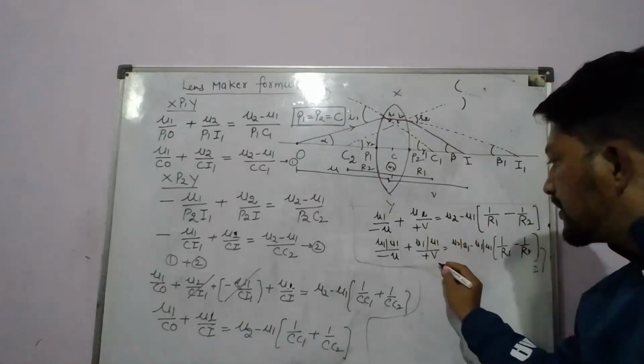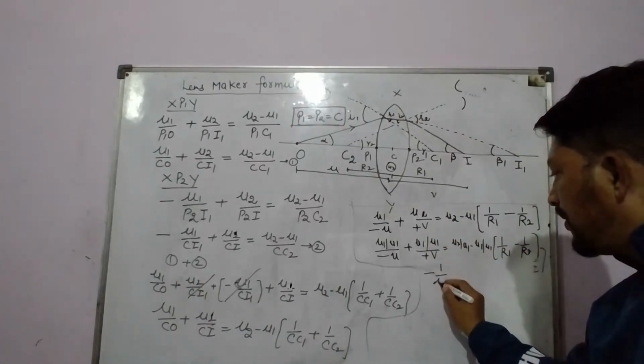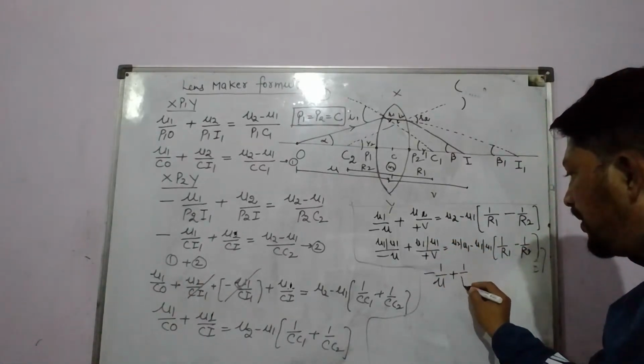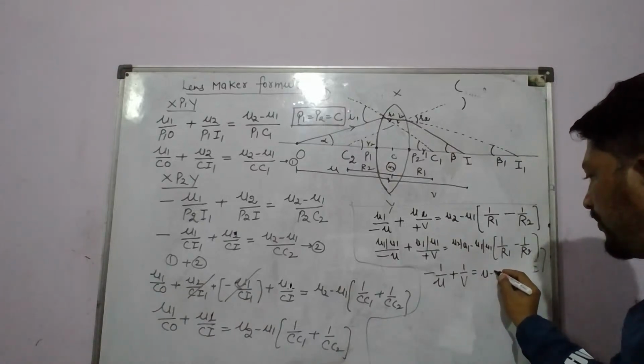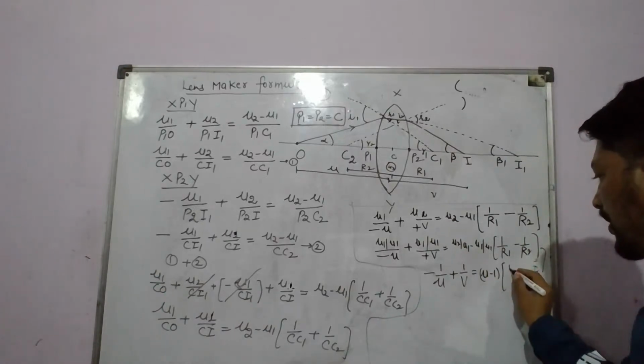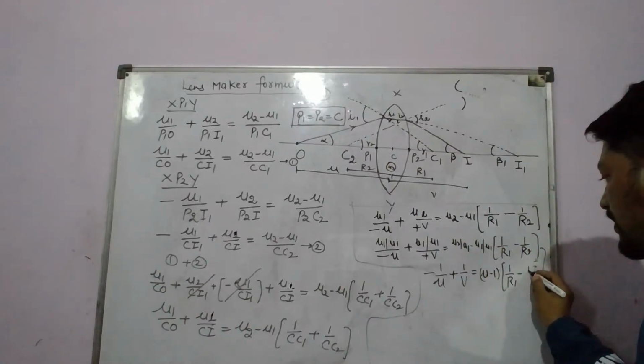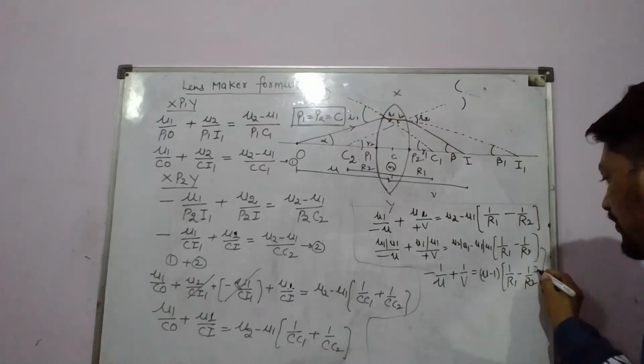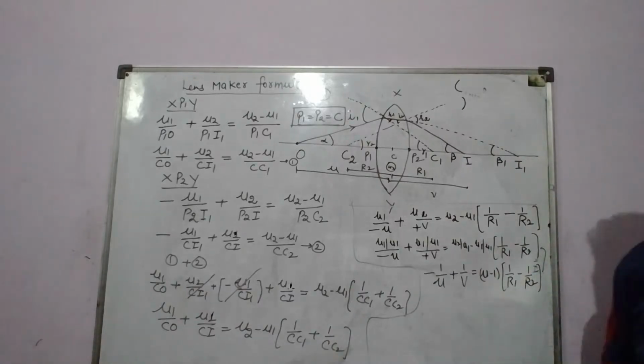So this will be cancelled out. So minus 1 upon u plus 1 upon v is equal to mu minus 1 times 1 by r1 minus 1 by r2. This is your lens maker formula.